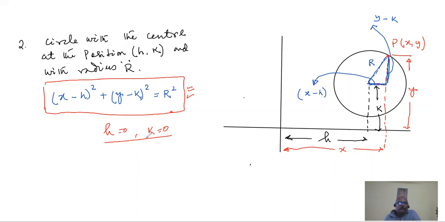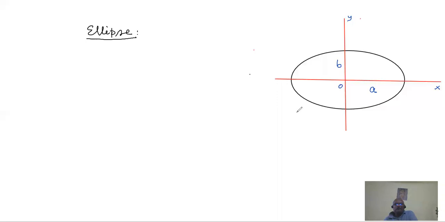We shall go to the next curve, and the next curve is the ellipse. That is the next curve which resembles a circle, and circle and ellipse are two curves which are closely bound.